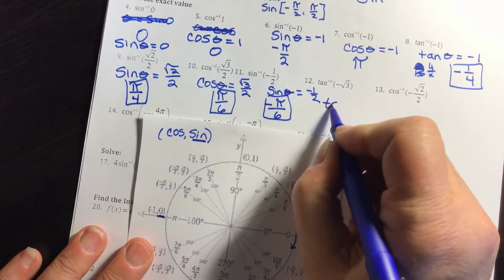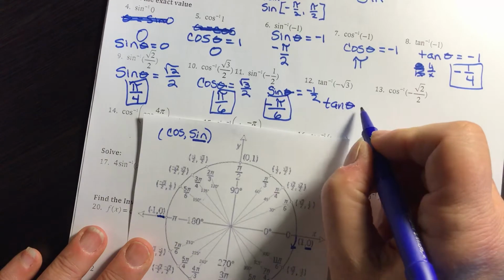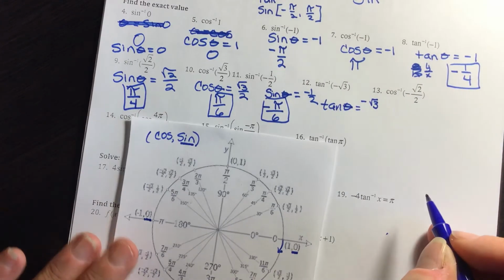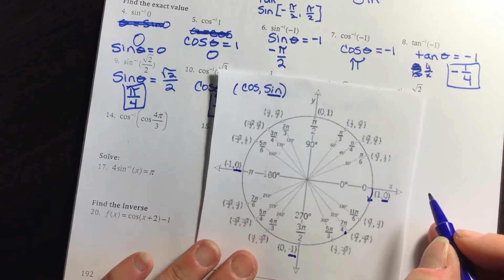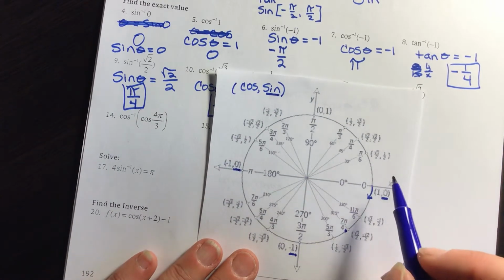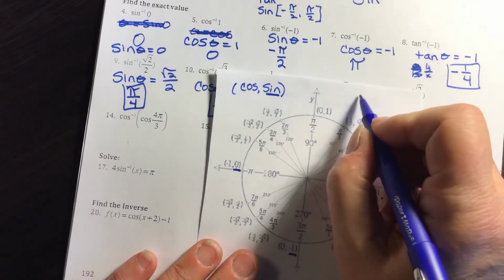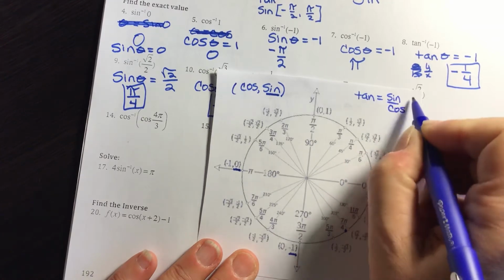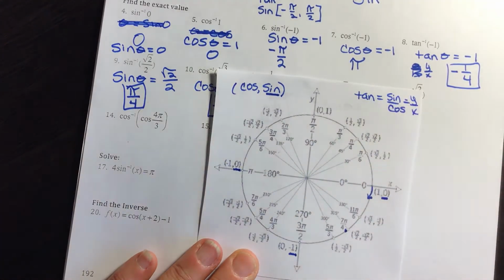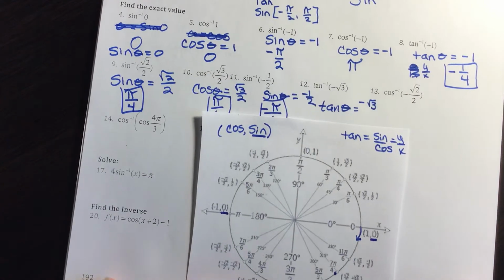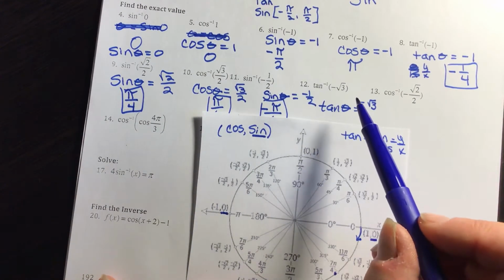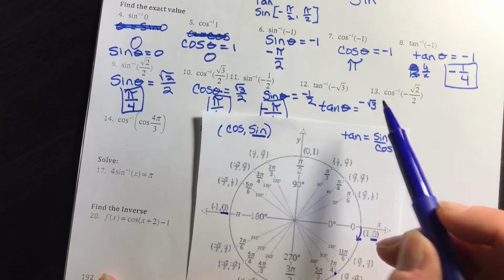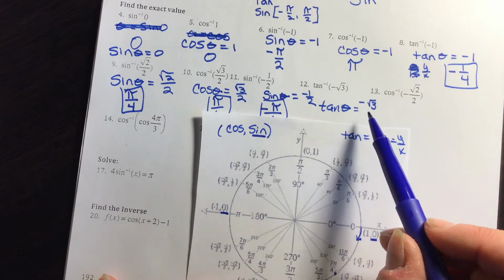Number 12, tangent of what angle is negative square root of 3? Now on this one, tangent, remember, is sine over cosine, or y over x. Okay, so make a note of that. So I want to look for something where I have a y that has a square root of 3 in it, and it's got to be negative.